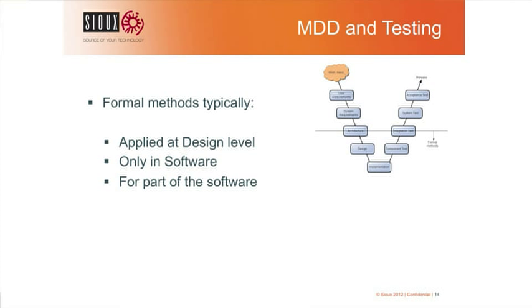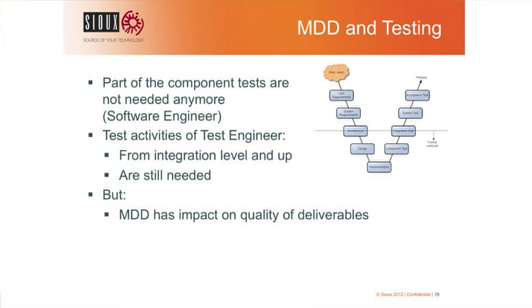When we look at the testing activities in the V model, we see, for instance, that the component test is in fact not needed anymore, because the code will be generated out of the model. And when you're developing component tests and running them, in fact, you're testing the code generation.